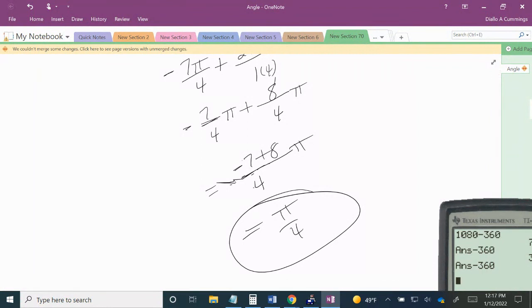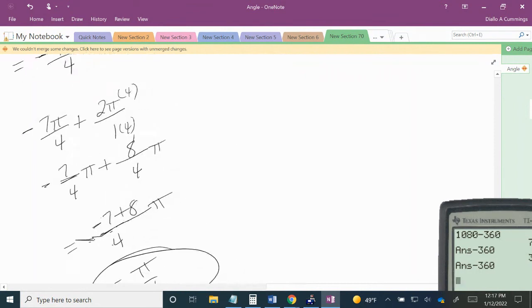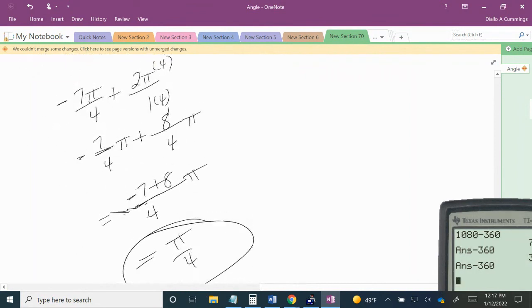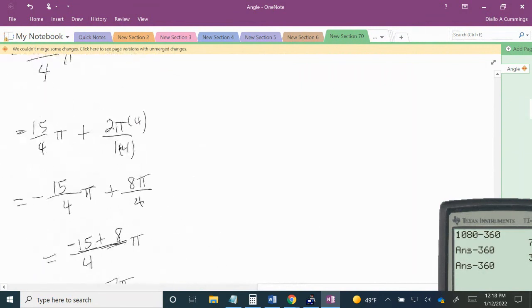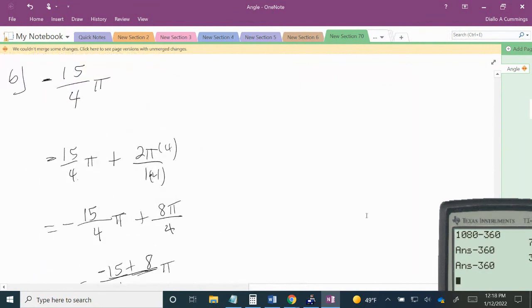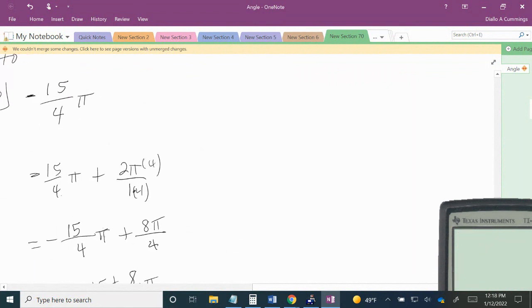All right, now this is one way to do it, right? We can actually add 2 pi until we get something positive. Now, here's another way you can do it. And this is one thing about the answers. If you're given the question in a degree measure, then you must write the answer out as a degree.